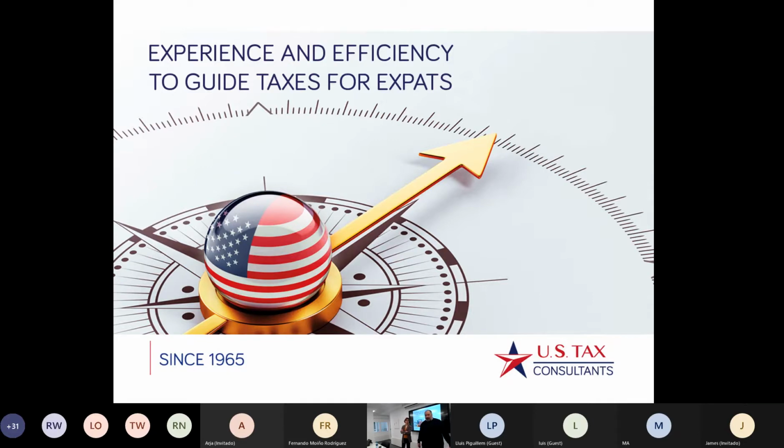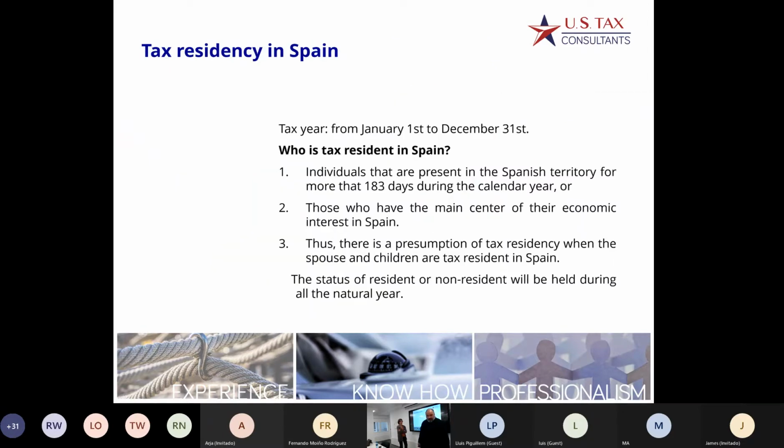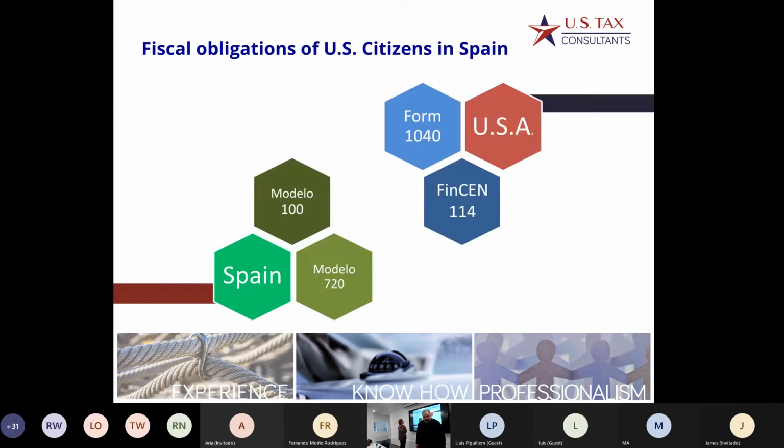As you know, we are going to talk about the fiscal obligations of U.S. citizens here in Spain, and as you probably know, we have 4 different fiscal obligations. 2 of them are U.S. obligations, which are the Form 1040 and the FinCEN 114, which we will go through later.